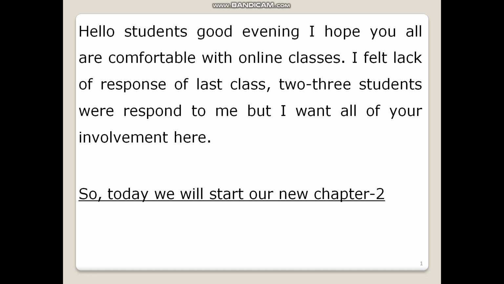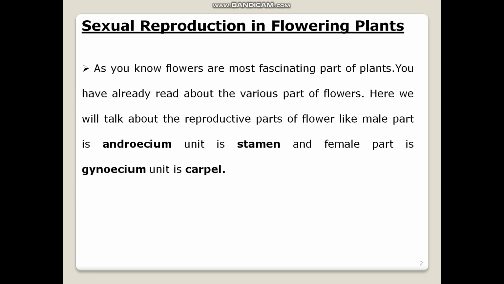So today we will start our new chapter, Sexual Reproduction in Flowering Plants. As you know, flowers are the most fascinating part of plants. Everyone can be fascinated very easily by flowers, by the color and fragrance of flowers.